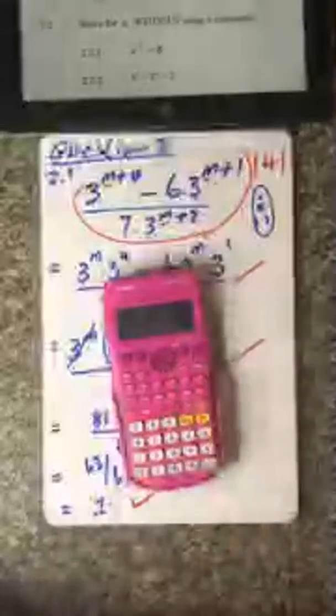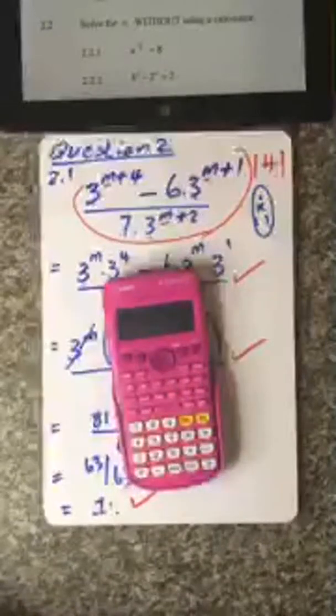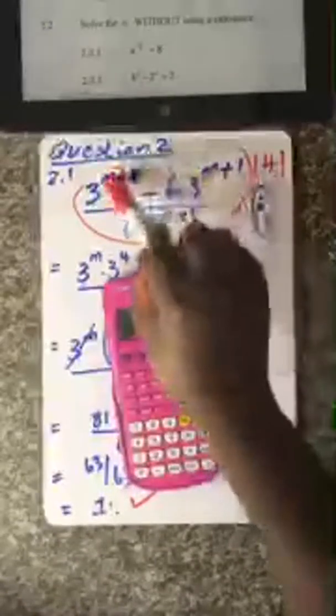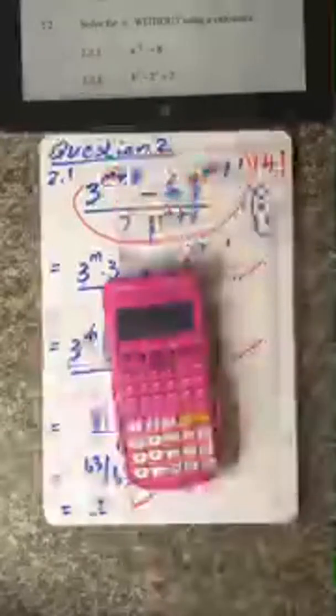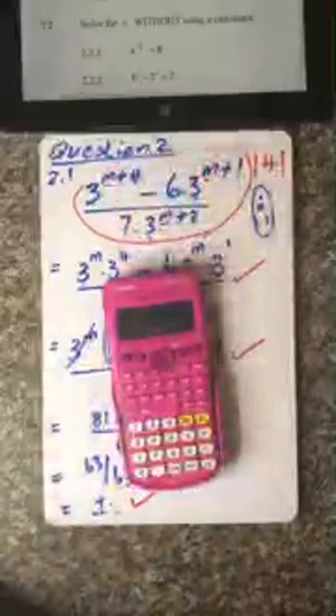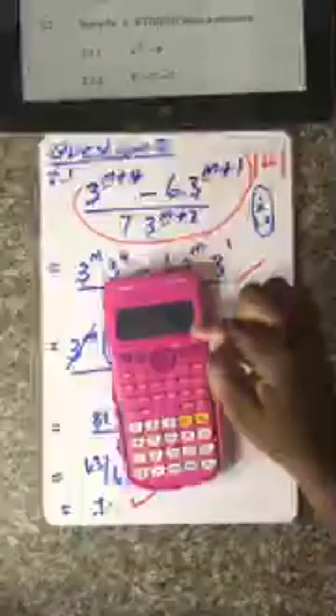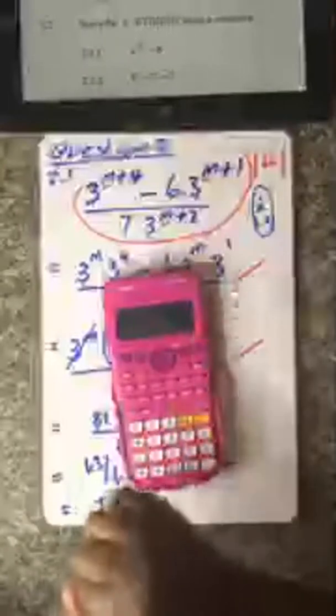As I substitute 5, whoever was watching, guys, please try to substitute with a different number. Just make sure that in place of m, you've got the same number. When you're done, press it's equals to and see what answer you're getting. Can you see, guys, I'm still getting 1. What does it mean?